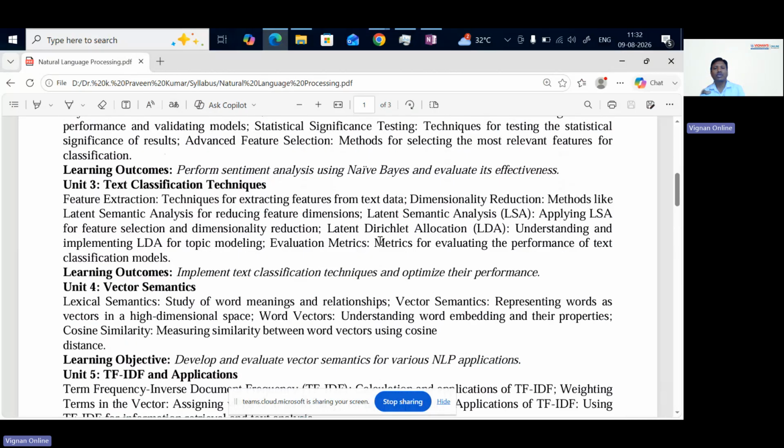Before doing that, how latent semantic analysis and latent Dirichlet allocation are applied, what the purpose of these things is, and how dimensionality reduction happens, we have seen. Later we discussed vectors, how words are converted into semantic vectors, and what techniques there are.